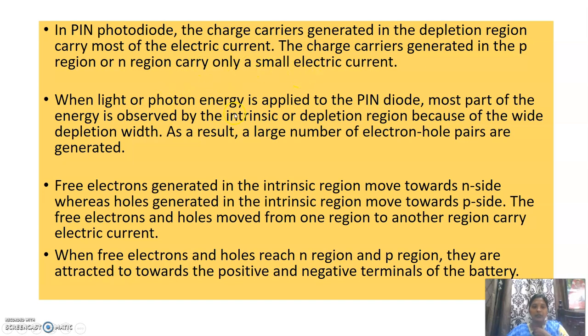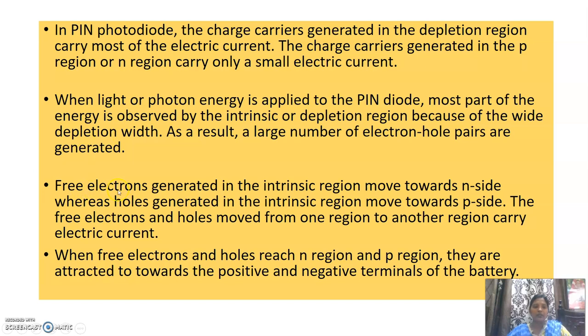Now when a photon is incident on a PIN diode, most of the energy is absorbed by the intrinsic region, because the depletion region is made very wide. The intention is to have a wide depletion region to have a large capture area. If you have a large capture area, we can have more electron-hole pairs, which gives us more current in our external circuit.